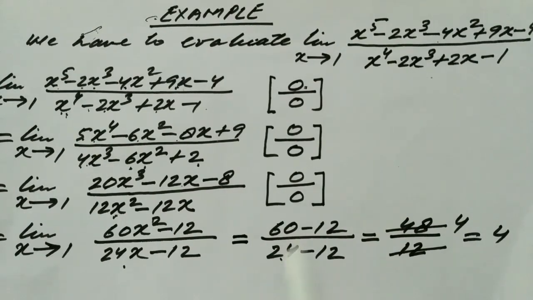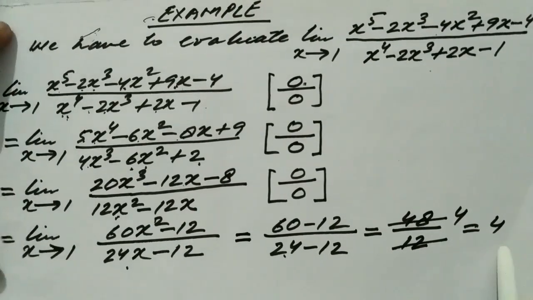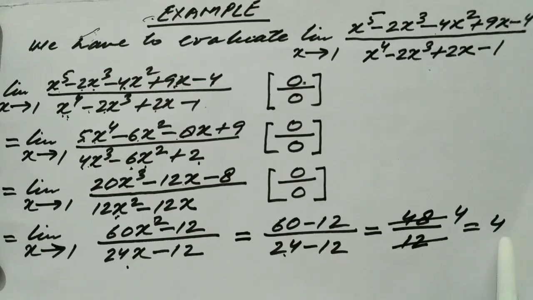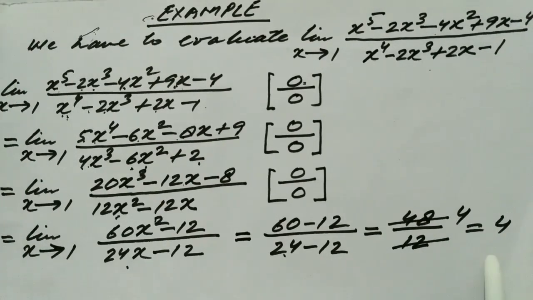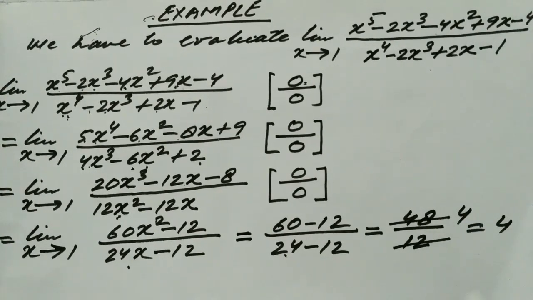So we have 60 minus 12 upon 24 minus 12, which is equal to 48 upon 12. So 12 fours are 48, and 4 is the final result of this limit. So this is how we use L'Hospital rule to evaluate a limit.